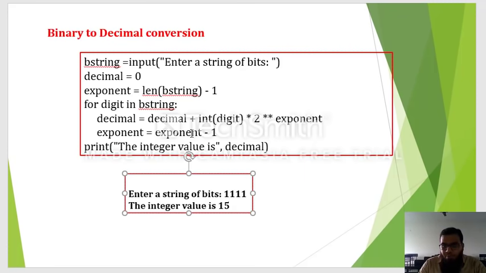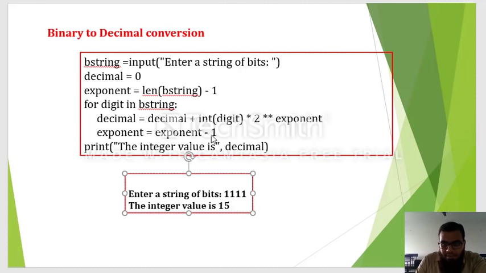So the exponent needs to decrease, right? To decrease the exponent, what do we do? We need to subtract 1 from the exponent value. Okay, then 2 square into 1 happens.